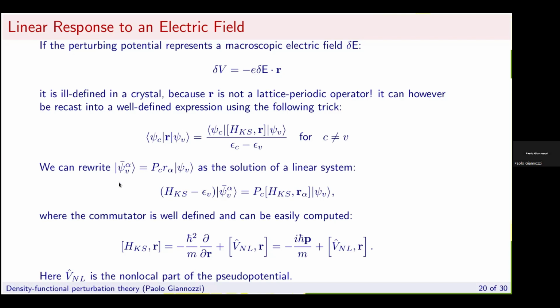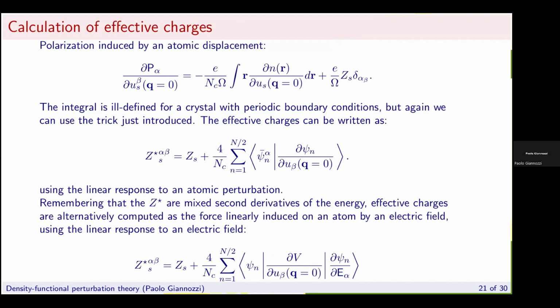We have the perturbing potential, and we can either solve the linear response equations for the external field, or we can observe that what we actually need, the polarization induced by an atomic displacement, that is the effective charges, can be written from the linear response to an atomic displacement and the effect of the bare electric potential over a Kohn-Sham orbital.